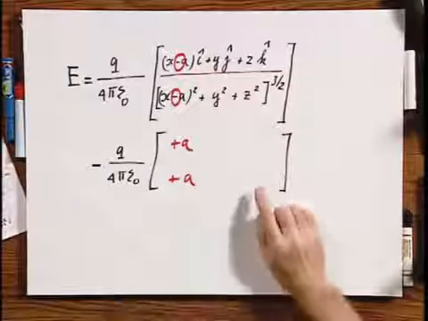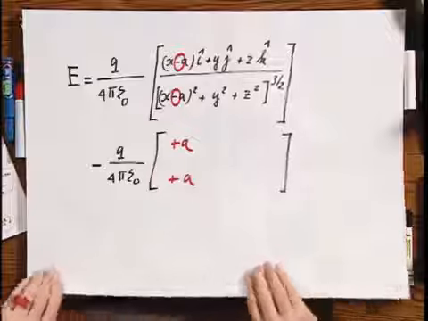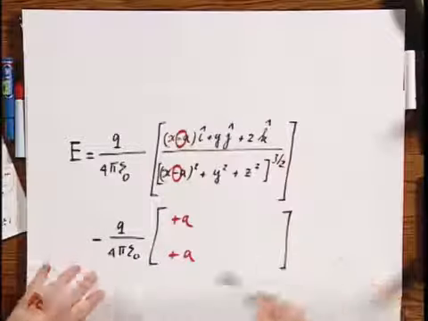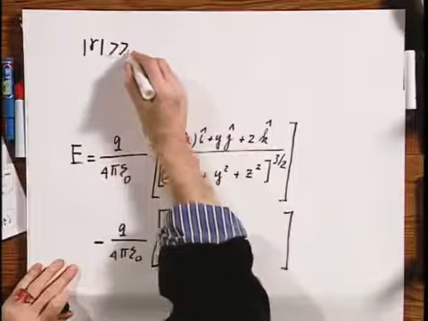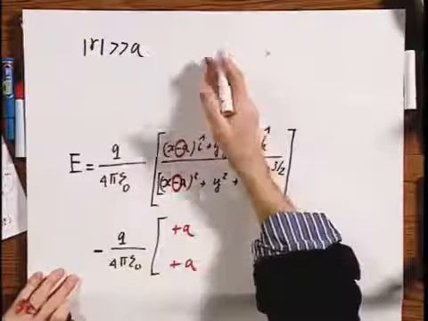Now, they want you to simplify this in the case that R is much larger than A. And this begins again to be mathematical manipulation, and we're using Taylor's expansion.